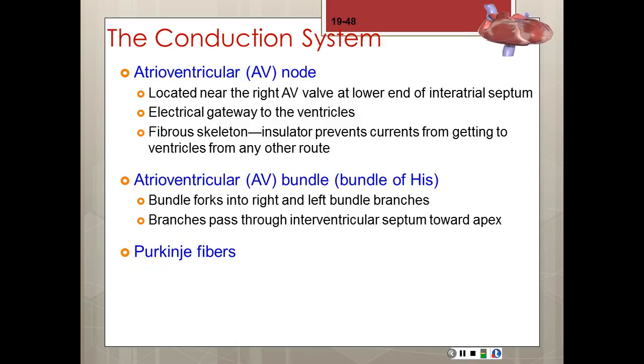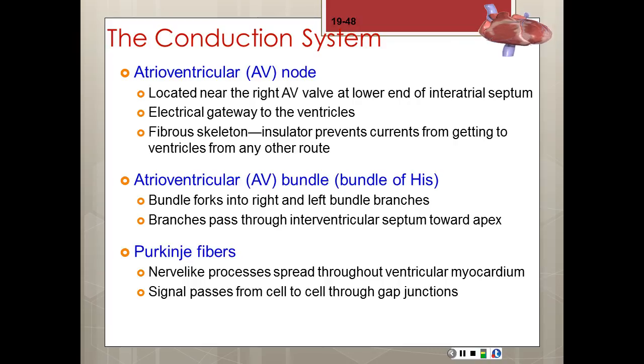The atrioventricular bundle, or the bundle of His, is a pathway by which signals leave the AV node. The bundle forks into the left and then the right bundle branches that enter the interventricular septum and descend down toward the apex.